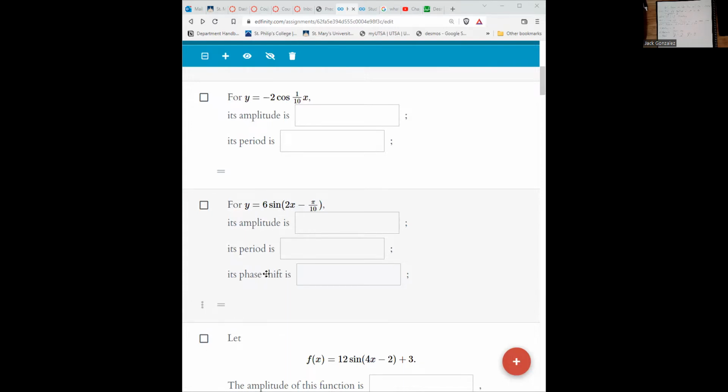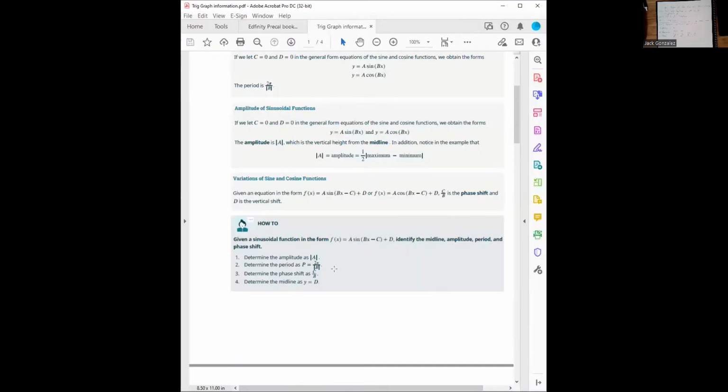Phase shift, that's new. Our notes say that the phase shift right here is C over B. So you take this number and divide it by B right here. So in our case, let's just go ahead and look at the example, save some time.